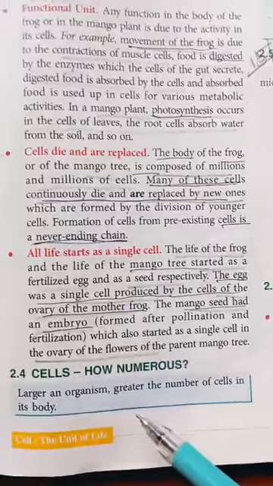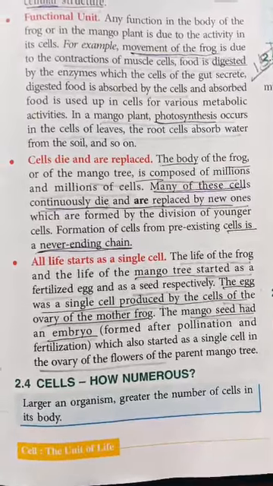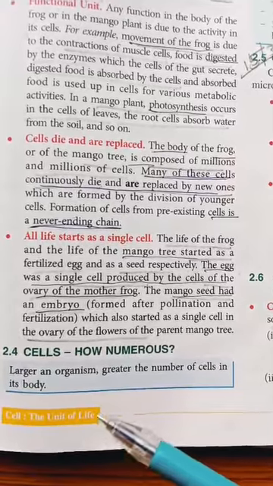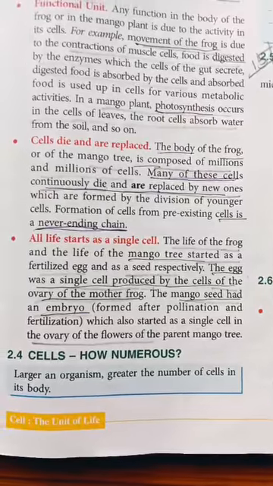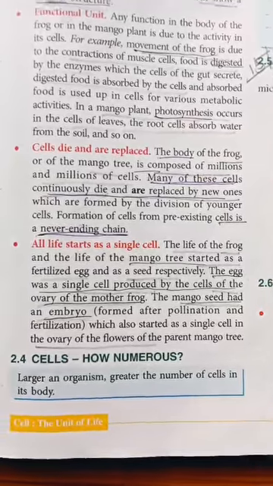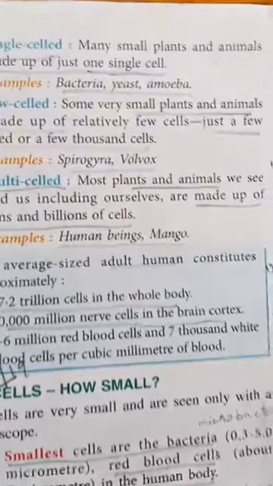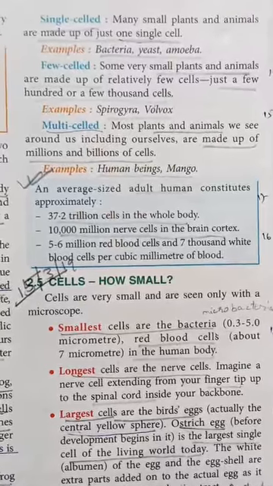Cells, how numerous? The larger an organism, the greater the number of cells in its body. It means the bigger the organism, the more cells it has.